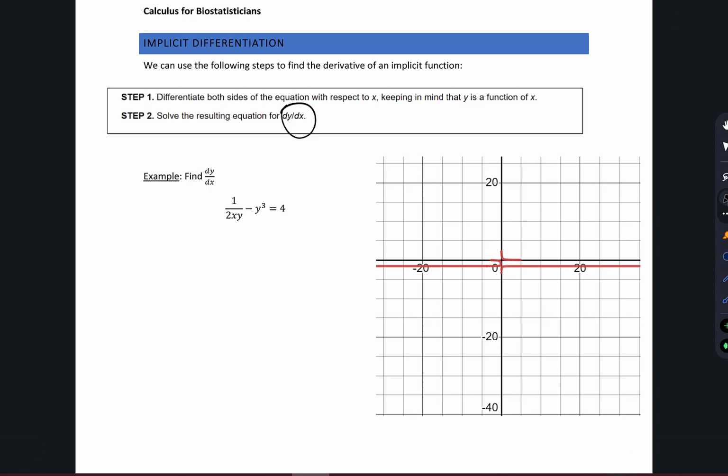So the first step we're going to do is take the derivative of both sides with respect to x. How I'm going to write this is I'm going to have d dx, and then the function I'm taking the derivative of. We've seen notation like this before.